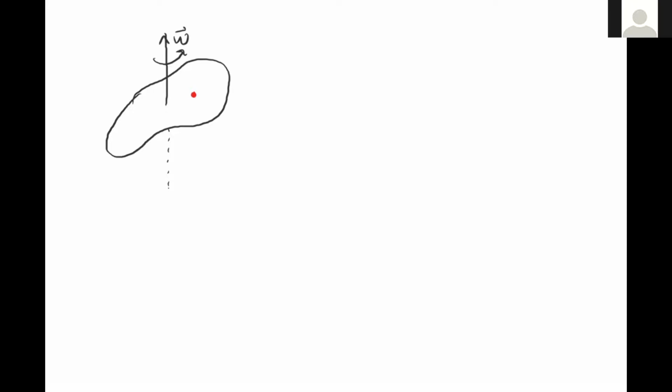Now, all particles are going to rotate in a circular path around the center, okay? And it will rotate with a linear speed equal to its angular speed times r, the distance away from the center of rotation. And we've already seen this equation before when we're talking about rotational motion, okay?